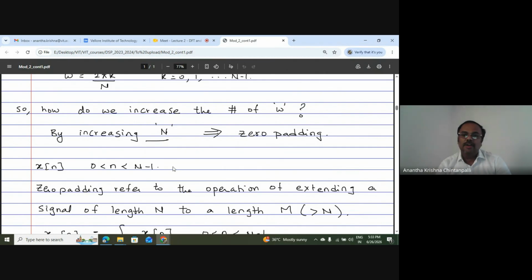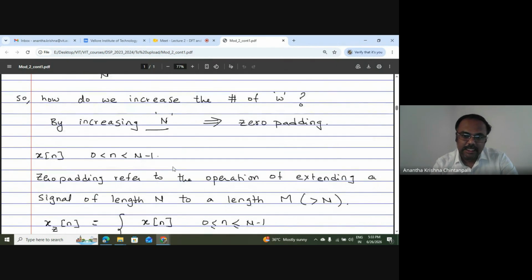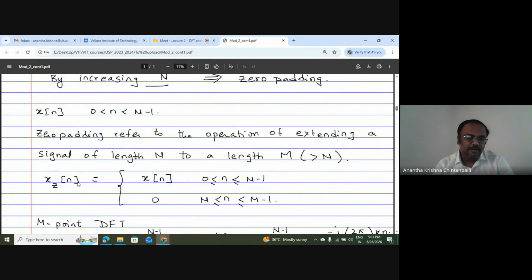Zero padding refers to the operation of extending a signal of length N to a length M, where M is greater than N. So I define x_z of n, the zero padded signal, as x of n for n from 0 to N minus 1, and 0 when n is greater than or equal to N and less than or equal to M minus 1. So this is my signal, but I'm going to take an M-point DFT.